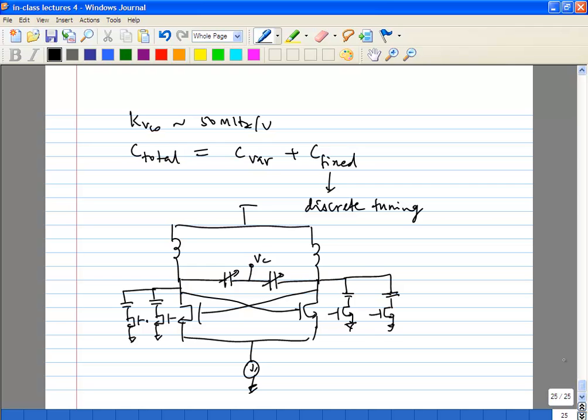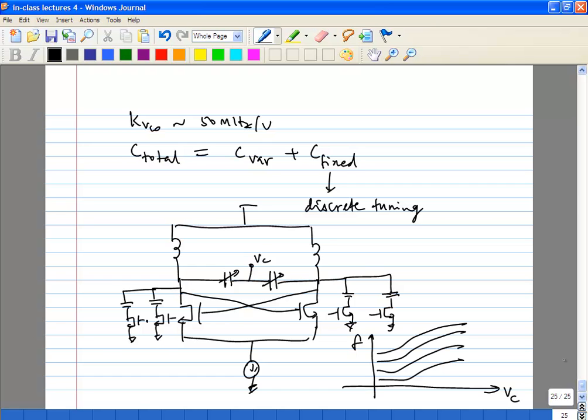Okay, so let's stop here and then we'll continue next. Actually, before we stop, the one thing you need to know is, if you now look at frequency versus control voltage, you're going to get a bunch of curves, because for each discrete capacitance you get a curve.